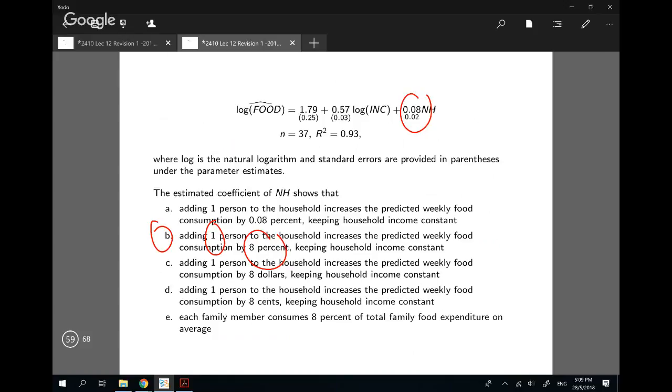When does this become approximately inaccurate? When the coefficient beta is bigger than 0.1. Then the calculation becomes 100 times e to the power of beta hat minus 1. This is 0.08, so that's still okay. The approximation is still all right. If it's more than 0.1, then yes.